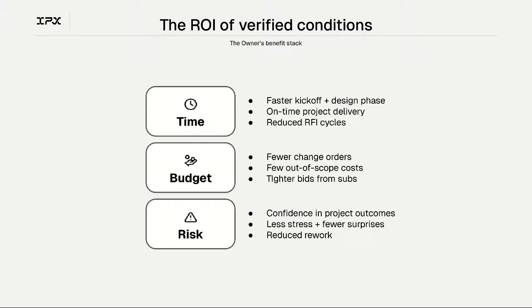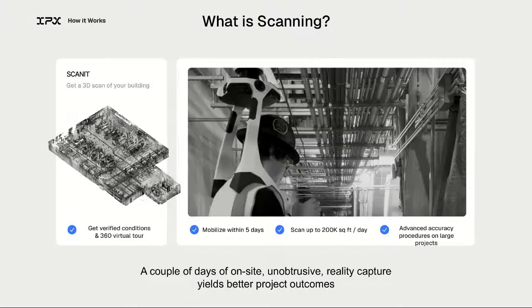We're trying to focus on the things we have found resonate with building owners and operators, asset managers, etc. Some of this is a regurgitation of what we presented before: time, budget, and risk.